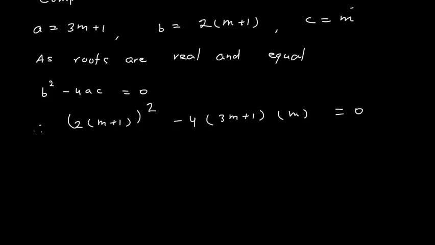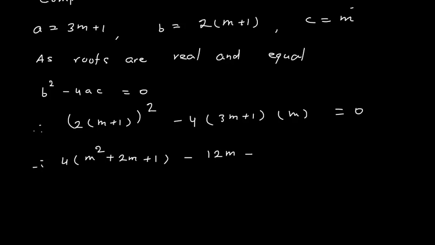So therefore now I can say that 2 to the power 2 is 4, 4 into m square plus 2m plus 1, minus 4, and again this is m.